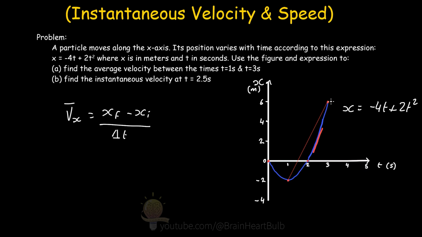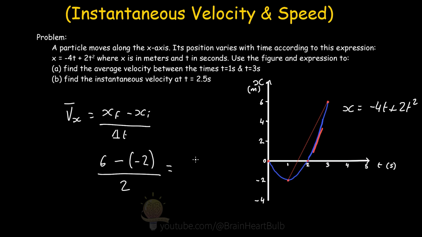So the final position of our particle at t equals 3 seconds is 6 meters. But our initial position at 1 second is minus 2 meters. And that's over 2 seconds.